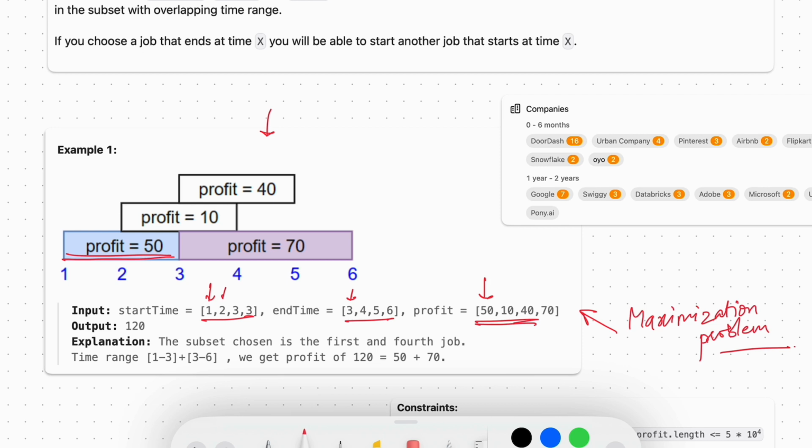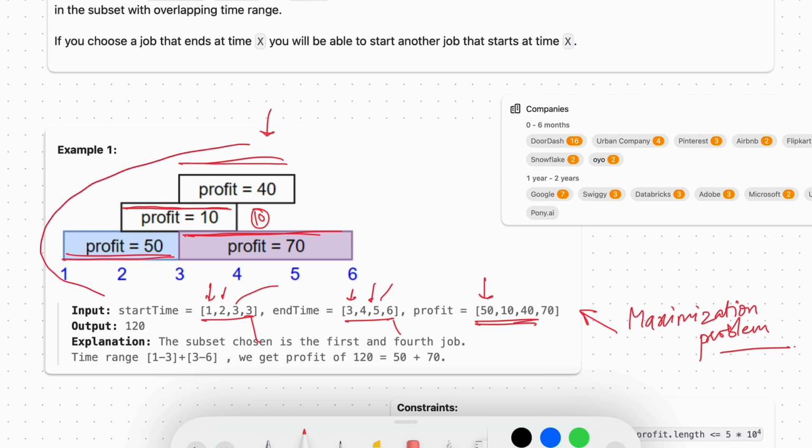The second job starts at 2 and ends at 4, and the profit we get from it is 10. The third job is from 3 to 5, and the fourth job is from 3 to 6.